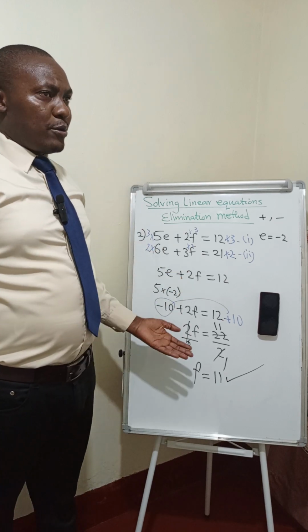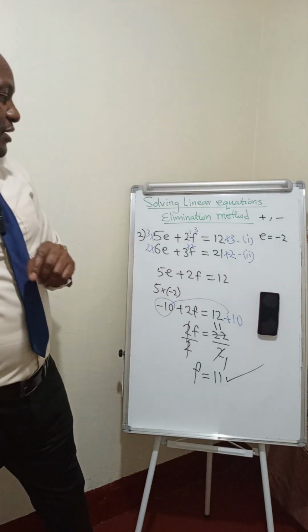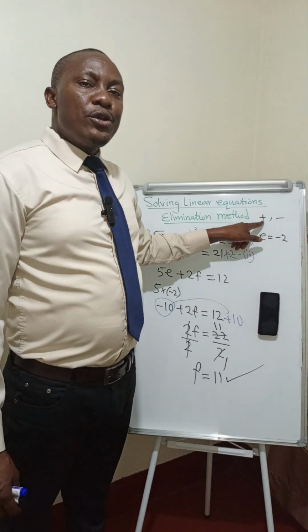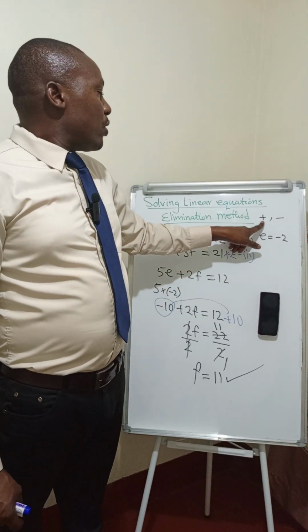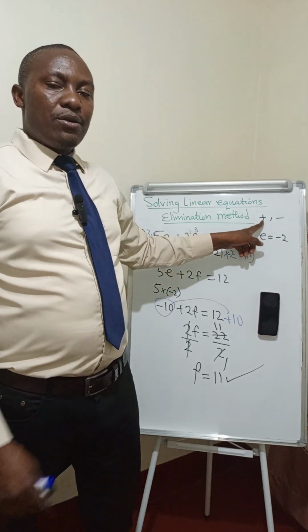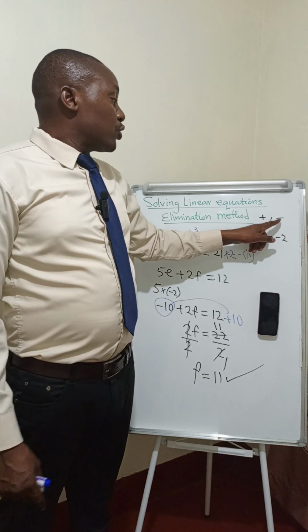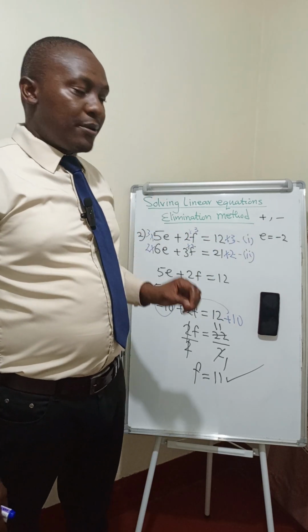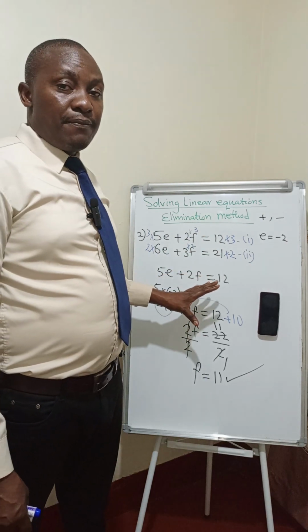They just play about your mind. But what I will emphasize so much is how to work with it. How will you know that now I need to add to eliminate one unknown, or to subtract to eliminate one unknown? That's the most crucial step in this case.